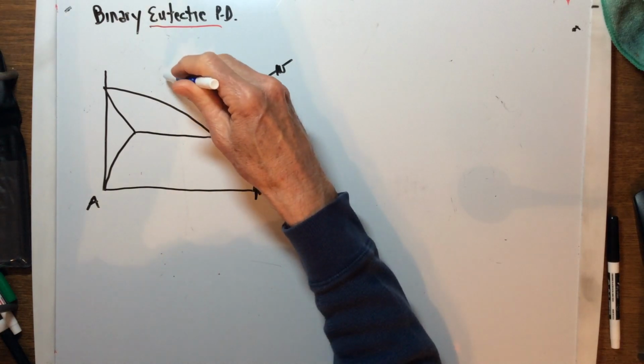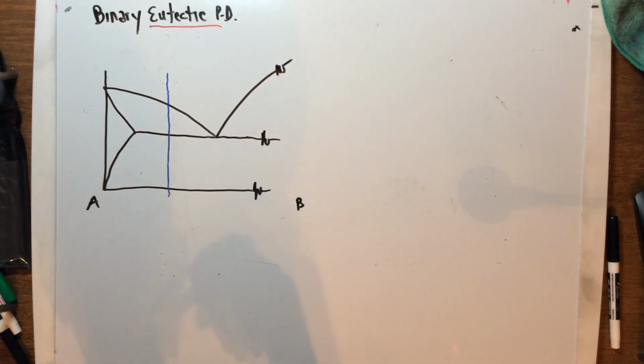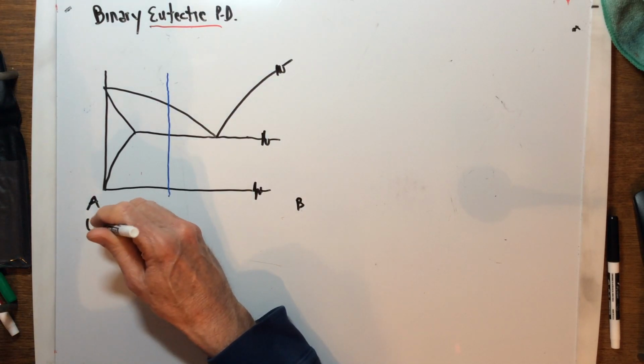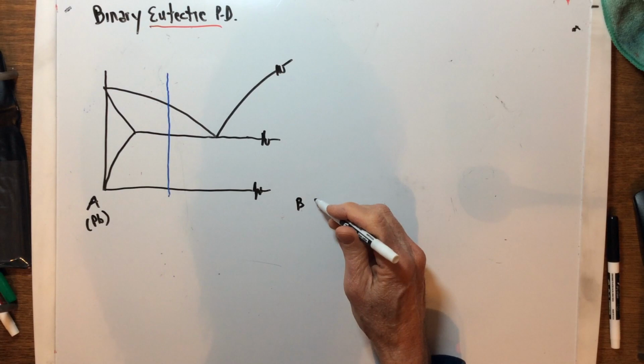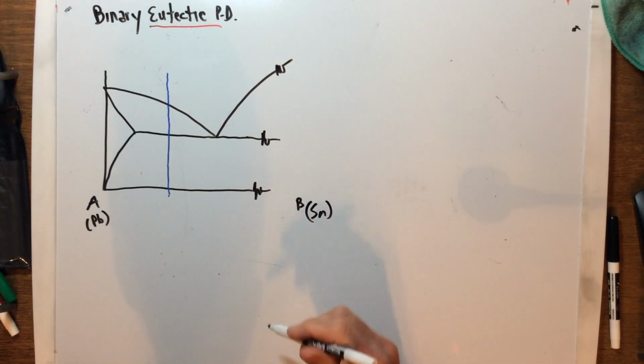Now what we want to do is draw a straight line again, and we're going to arbitrarily take this line, draw a straight vertical line here. All right, and with this we're also going to know some compositions, and actually we're going to call this the solder, so this A is actually going to become lead, which is Pb, and down here B is going to be the tin at the far end over here.